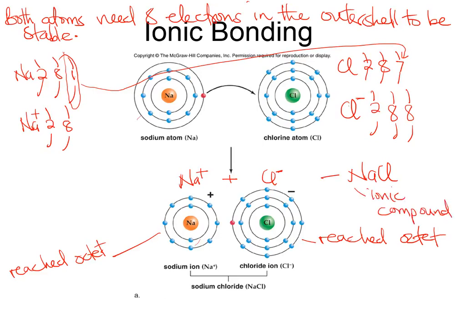So that's how we form an ionic compound, by transfer of electrons from one element to another, so that both the elements become charged. One element becomes positively charged, the other element becomes negatively charged. And the unlike charges will attract each other to form this chemical bond, that is an ionic bond.